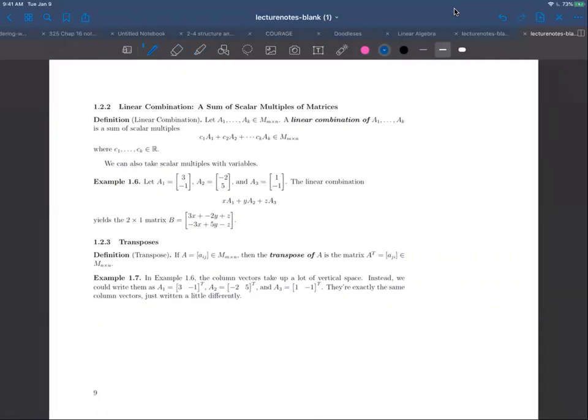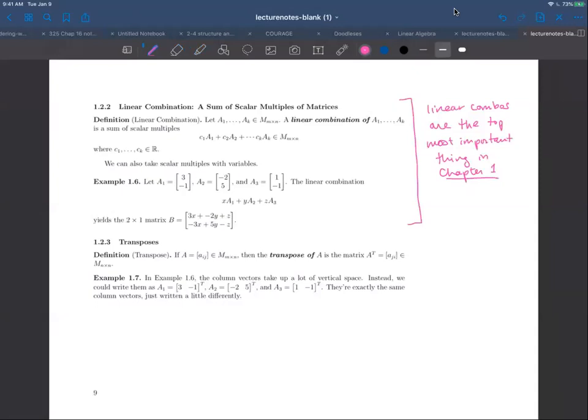And once we have sums and scalar multiples, we can do this thing called a linear combination. And we're going to spend some time in class talking about linear combinations. Linear combos are probably like the top most important thing in chapter 1, if not all of linear algebra as a system of thinking about stuff.